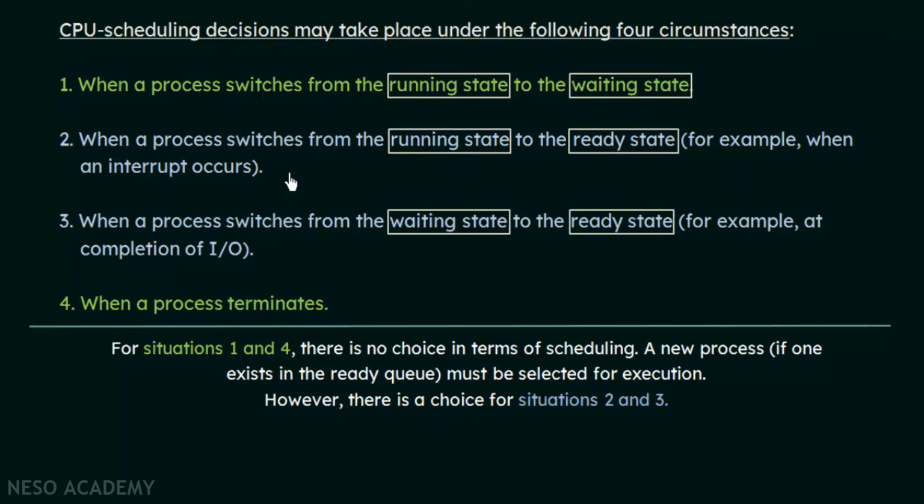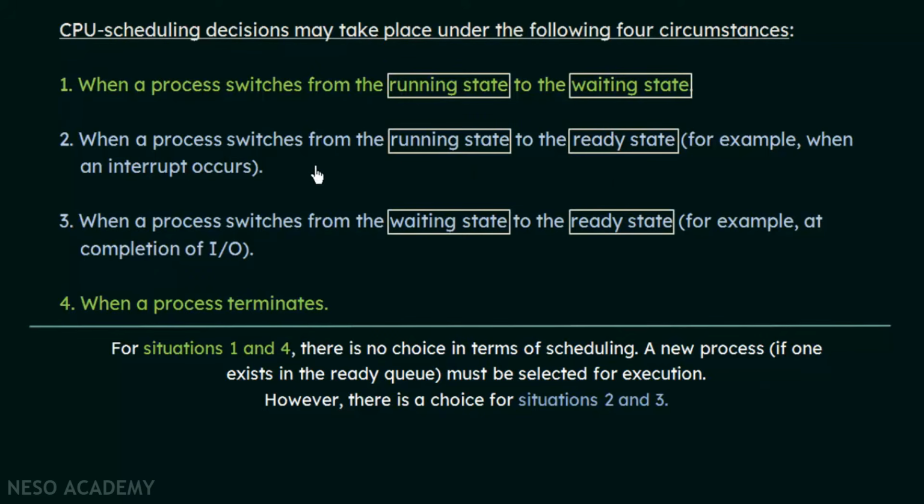A process was running and it was in hold of the CPU, and then while it was running, some interrupt occurred and due to that it had to halt its execution. So it did not go into a waiting state because it is not waiting for any IO operations for itself. But it will hold its execution and go to the ready state, because it says that whenever the CPU is available, I am ready to execute. So it goes from the running state to the ready state.